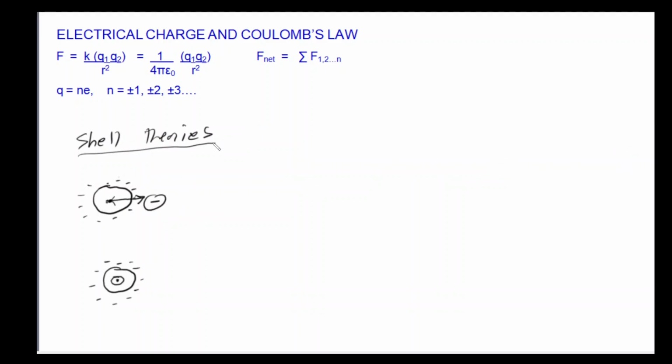Now let's discuss shell theories. We'll look at a specific body, namely a shell with charges on the outside of the shell. So the first theorem says that if a shell has uniform charges distributed evenly on its surface, a charged particle outside the shell will act as if the shell's charge were concentrated at its center.